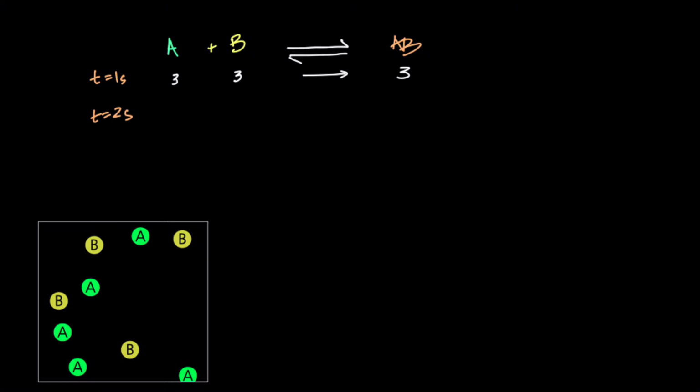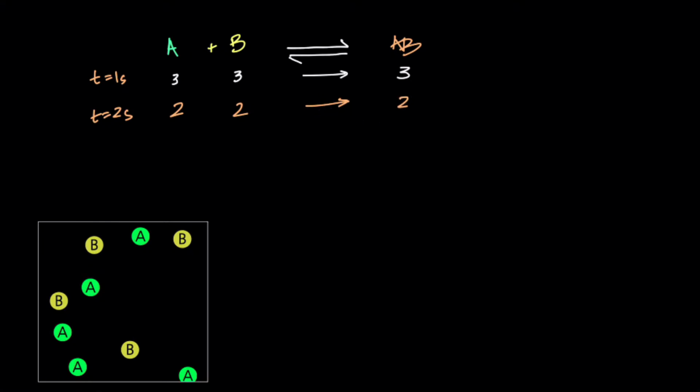And on the other hand, you now have some AB. So if you forget AB for a second, do you see that after 3 A and B reacting away, their amount has decreased? If the amount has decreased, in the next second the rate cannot be the same. So if the rate initially was 3 molecules per second, the rate might decrease to, let's say, 2 molecules per second. Get it? 2 molecules will react with 2 to make 2.